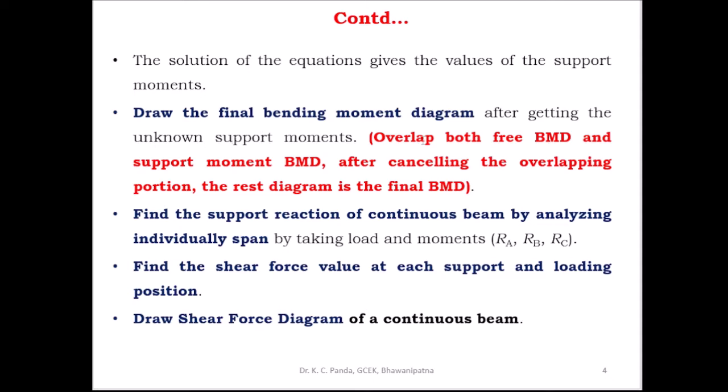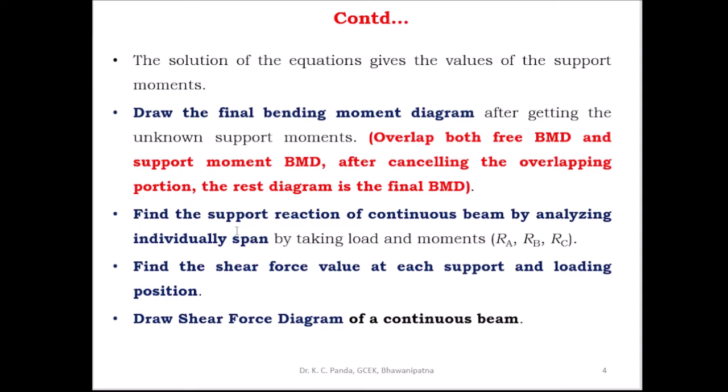Then draw the final bending moment diagram after getting the unknown support moments. Overlap both the free bending moment diagram and the support moment bending moment diagram. Then after cancelling the overlapping portion, the rest of the diagram is the final bending moment diagram.